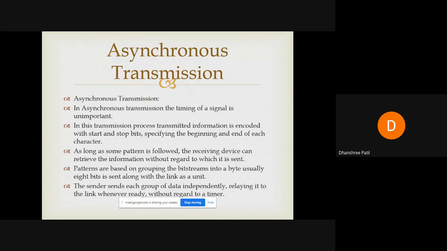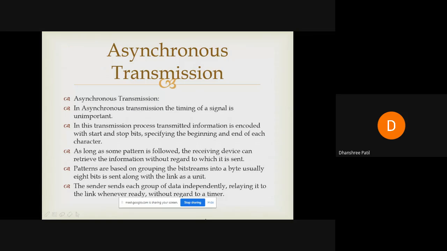while seeing the types of framing: character count, bit stuffing. In those cases we have seen that start and stop bits are used to classify the frames or the data. So as long as some pattern is followed, the receiving device can retrieve the information regardless of when it is sent.